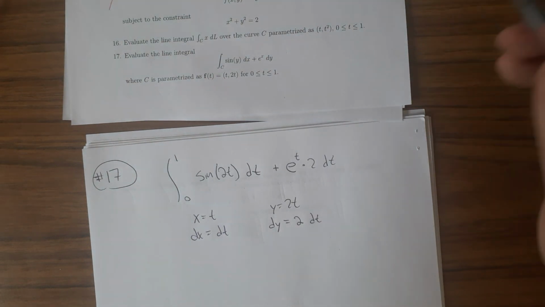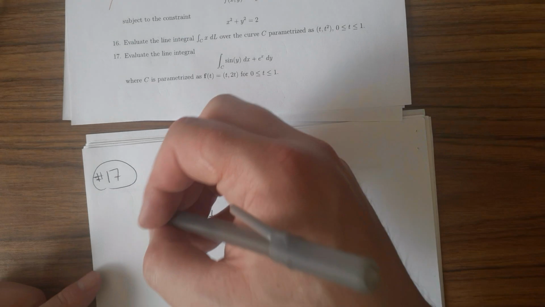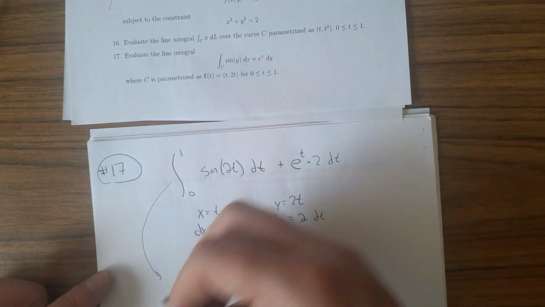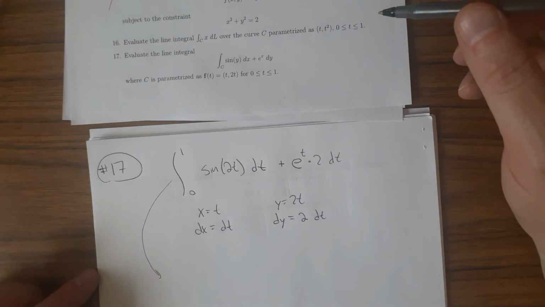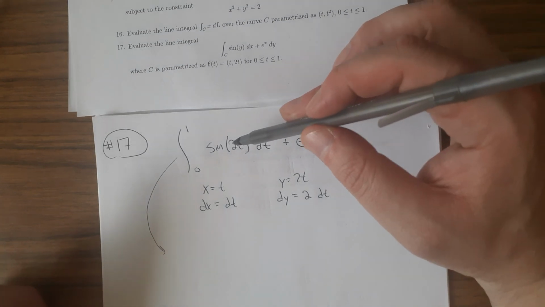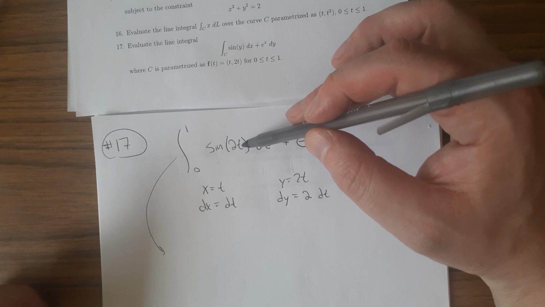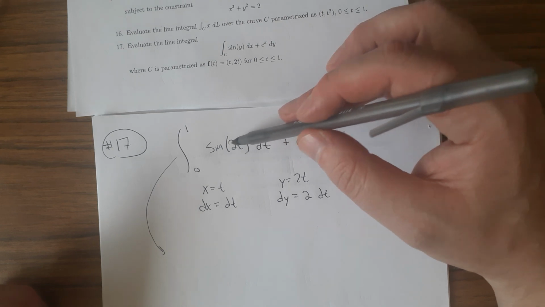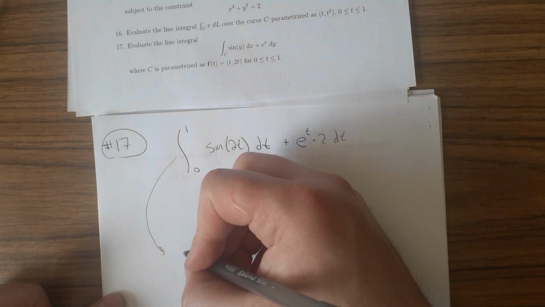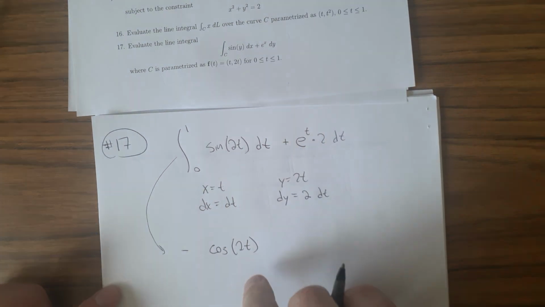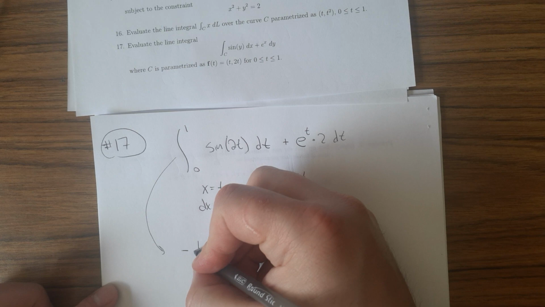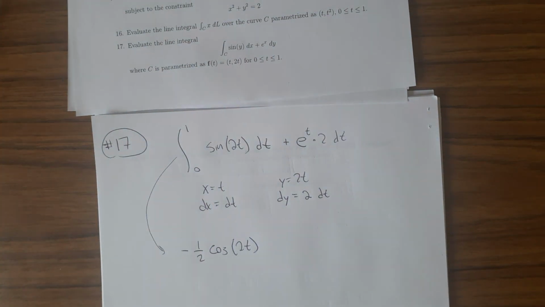Okay, now this is just a Calc 1 problem. I think I can do this right off the bat here. The antiderivative of sine would normally be negative cosine. If I have a 2 here, the way I fix that is with a 1/2.